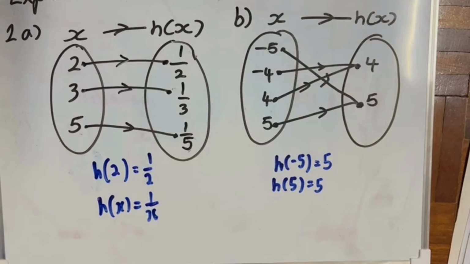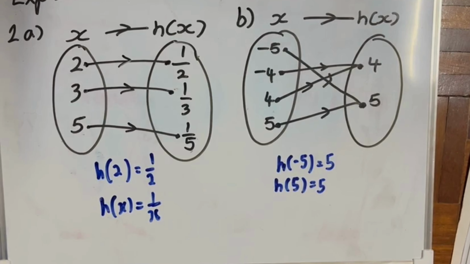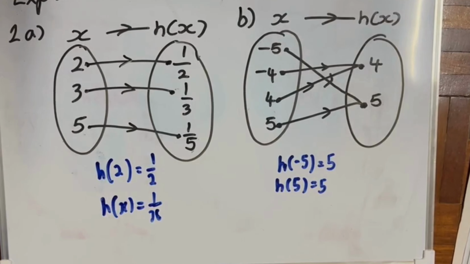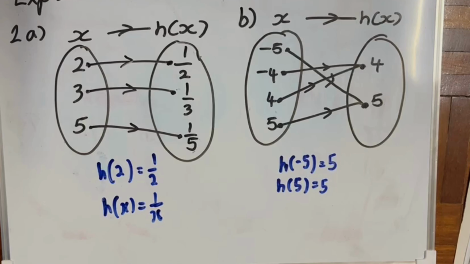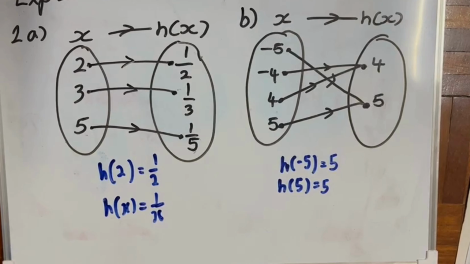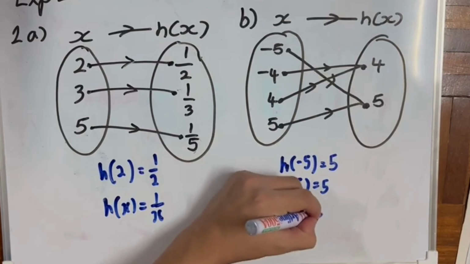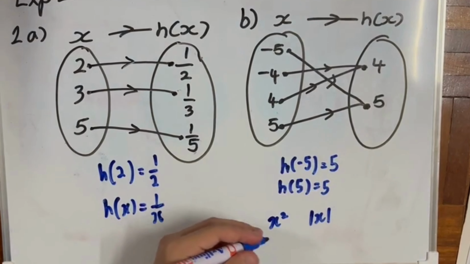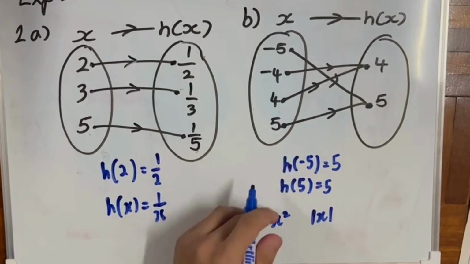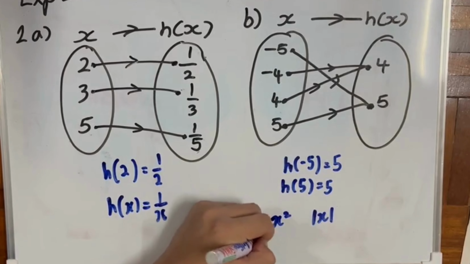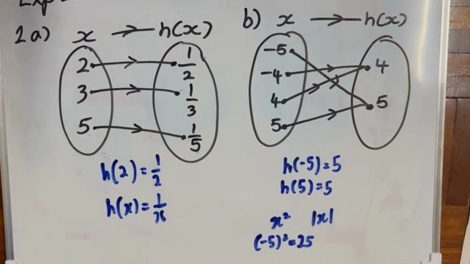In mathematics, there are only two things that can take a positive or negative value and turn it into a positive value. Either it is x squared or modulus x. But x squared would still have to be adjusted, so we can't just put in (-5) squared, because (-5) squared becomes 25. This is not 5.